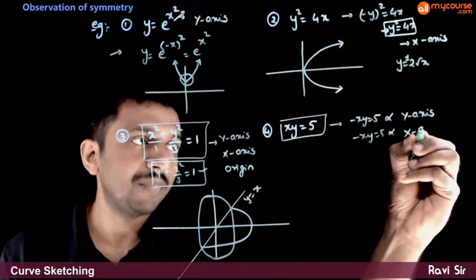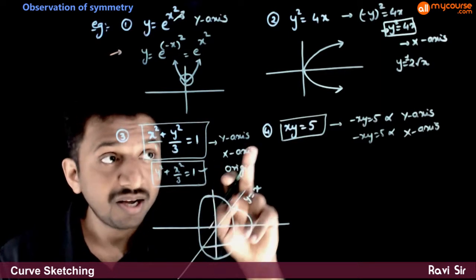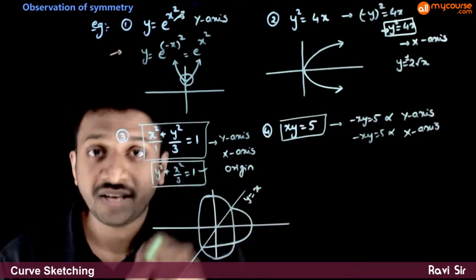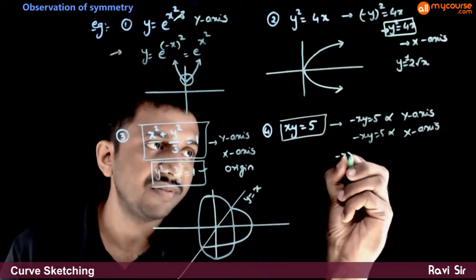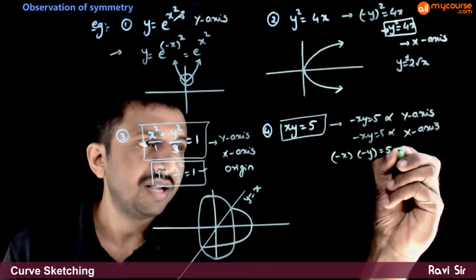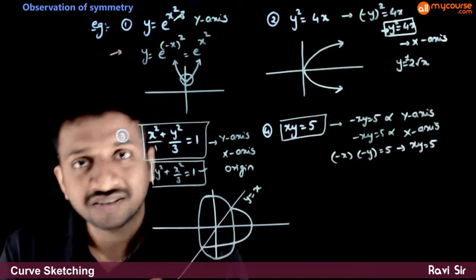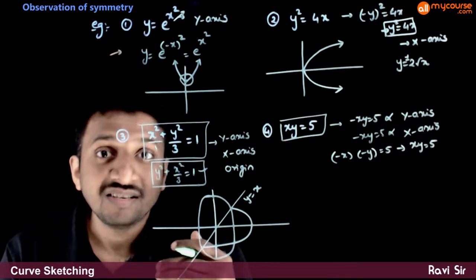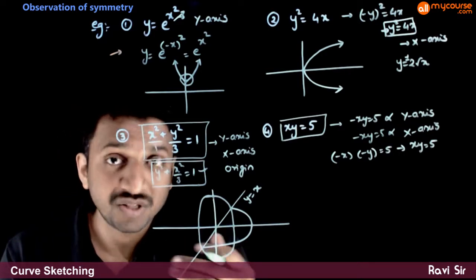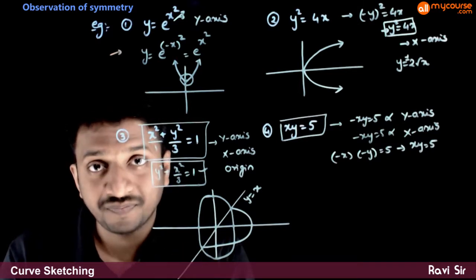So not symmetric about the x-axis. Put both these transformations simultaneously. Put minus x in the place of x and minus y in the place of y. You can see that the curve is not changing. It means the curve is symmetric in opposite quadrants, or the curve is symmetric about the origin.